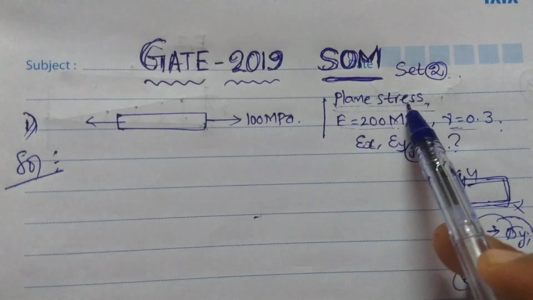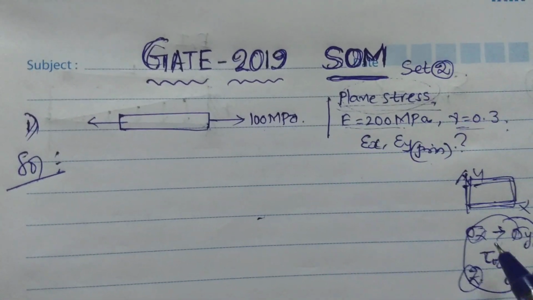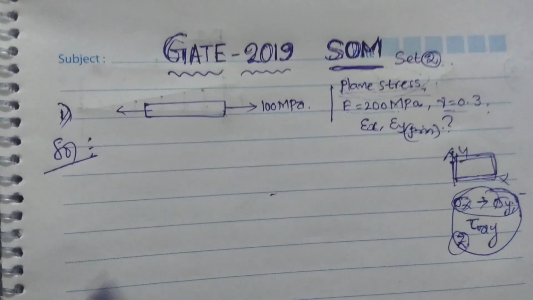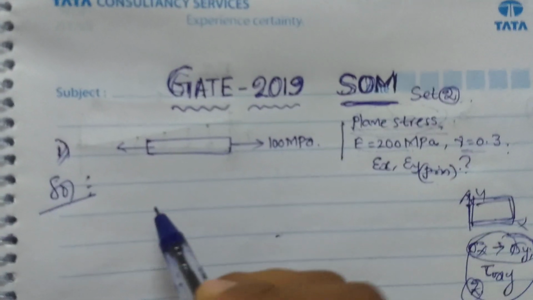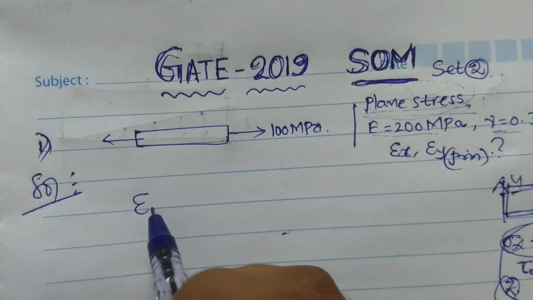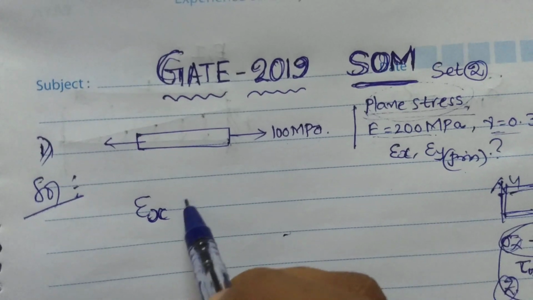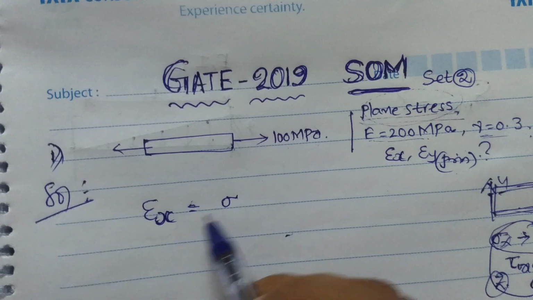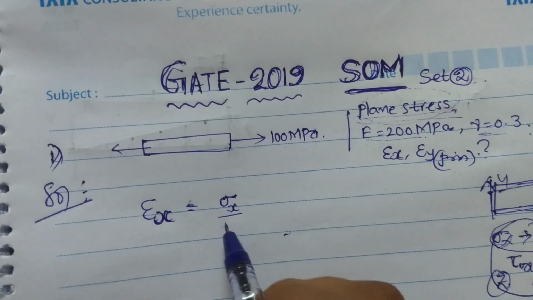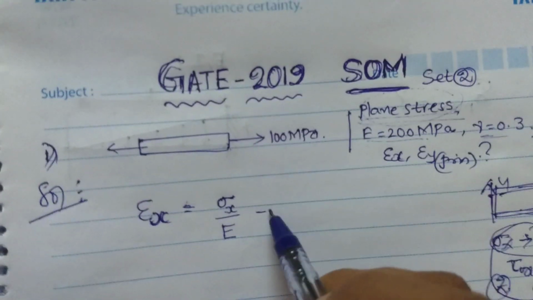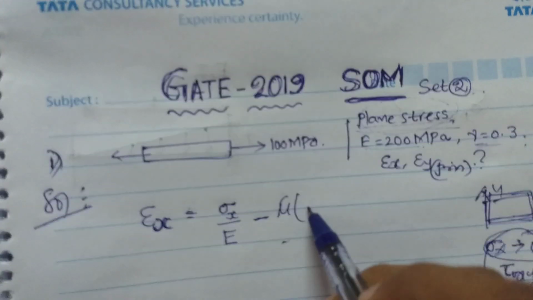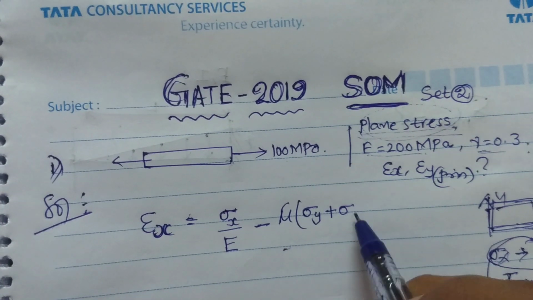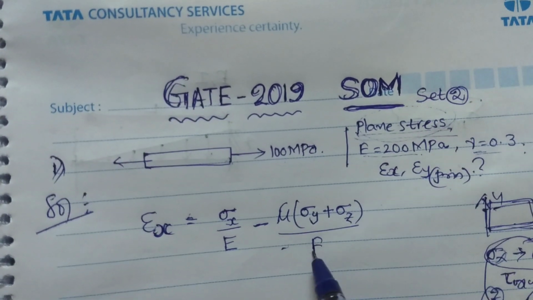Here we are given plane stress condition, so that does mean sigma x and sigma y exist here and sigma z is 0. We are asked to find the principal strains, right? So first let us find the principal strain along the x direction. The formula for this is the principal strain along x direction is the normal stress along x direction by Young's modulus, minus Poisson's ratio into the sum of principal stresses along the other 2 directions by Young's modulus.